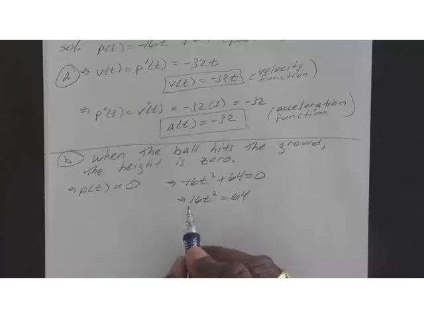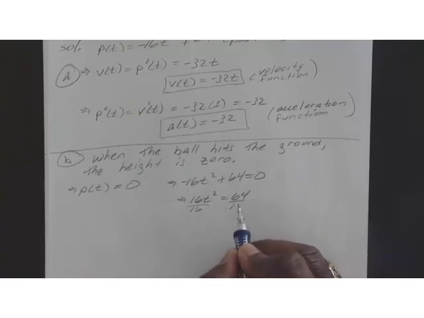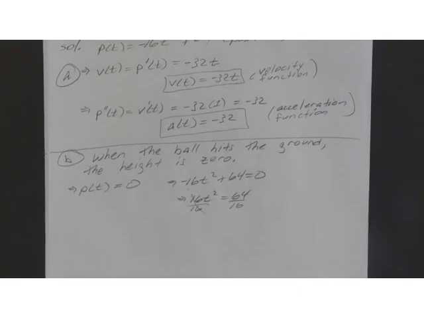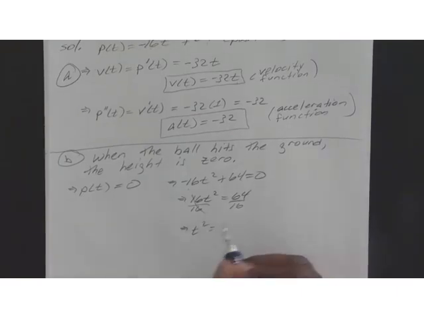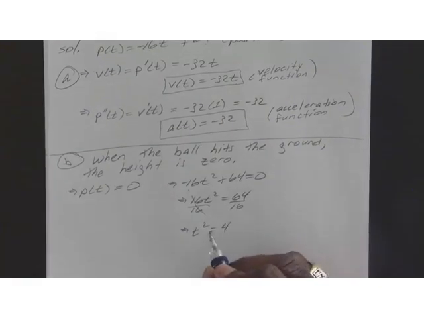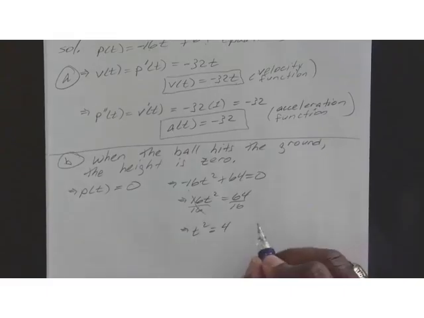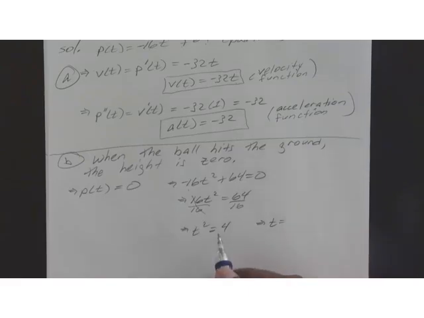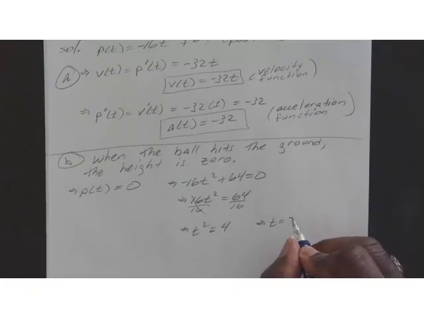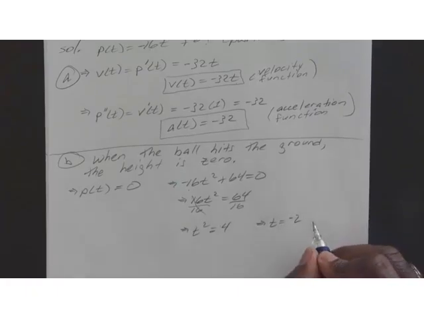So if we divide both sides by 16, that gives us t squared is equal to 64 divided by 16, which is 4. So if we square root both sides by the square root property, we see that t is equal to positive or negative the square root of 4, which is 2. Well, positive or negative 2.